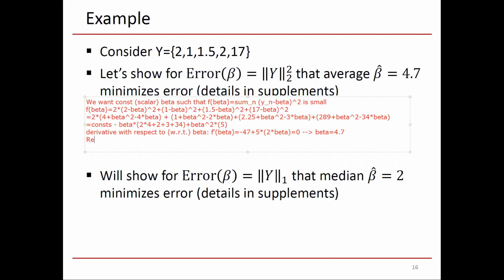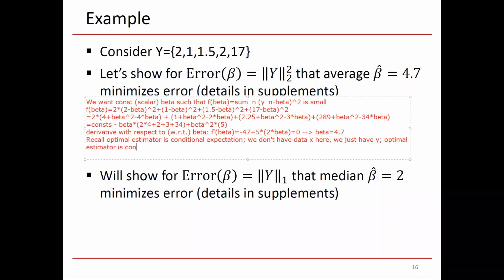Now, recall, the optimal estimator is the conditional expectation. We don't have data X here. We just have Y. And because of that, the optimal estimator is conditioning on nothing. And we take the expected value of Y. So the optimal beta is the expected value of Y. But what sort of expectation?